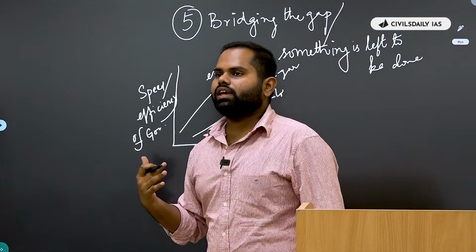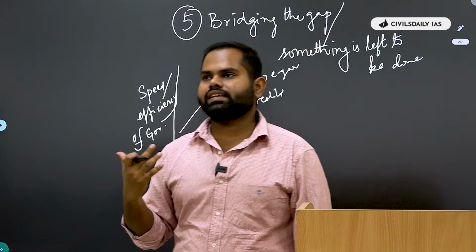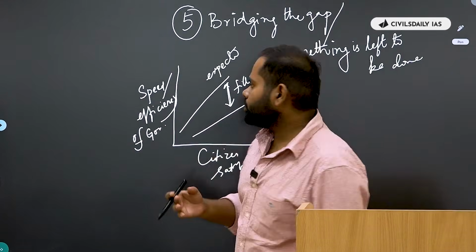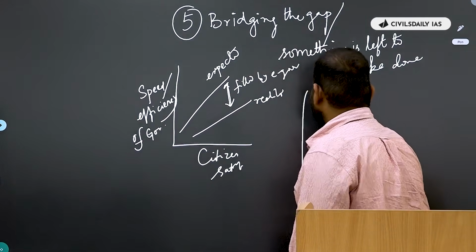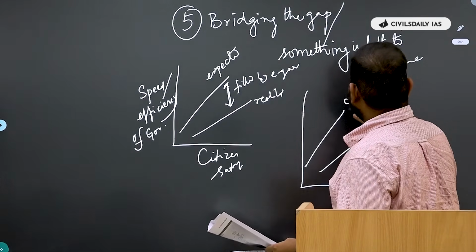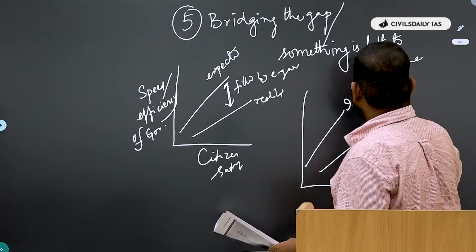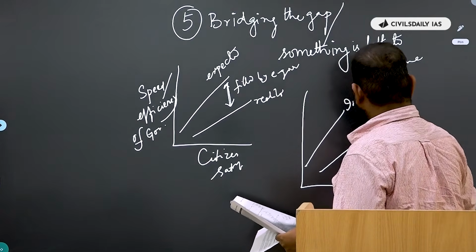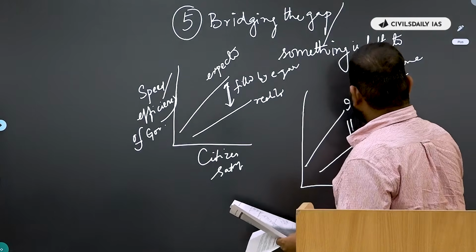Similarly, if you have to show something that is yet to be done, for example in environment, we are yet to achieve the net zero goal, right? So for that, I could use a similar concept. For example, I have India's climate target and I have energy need. And what could be the gap?